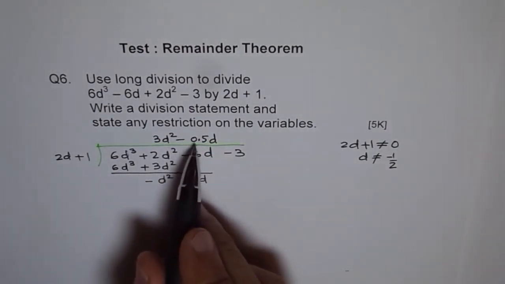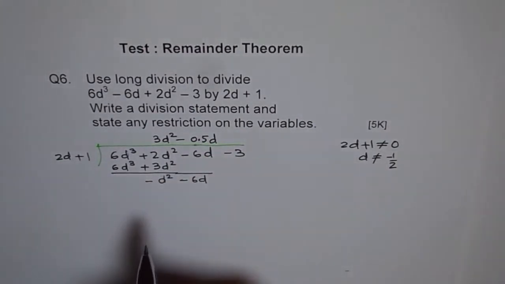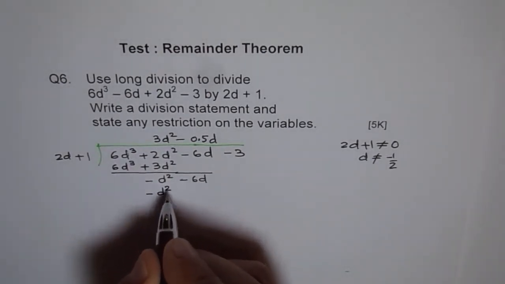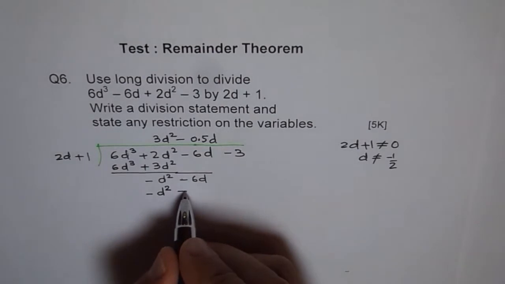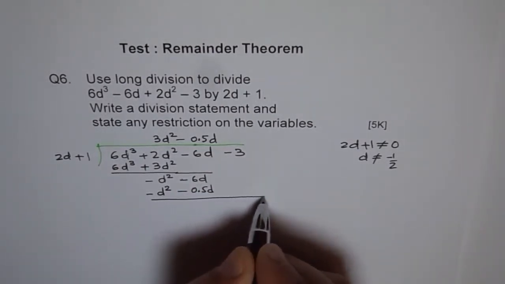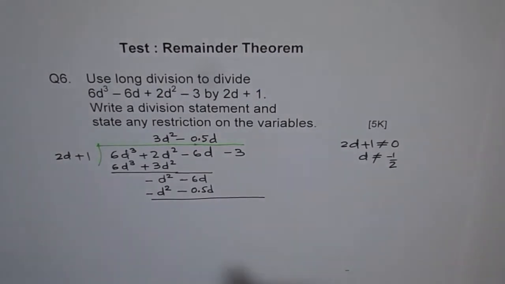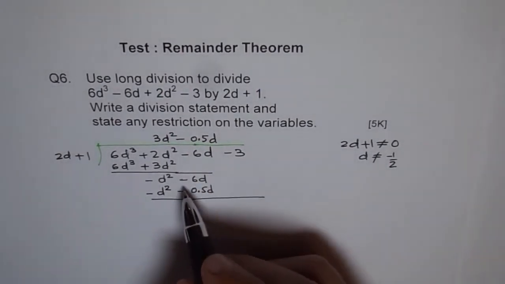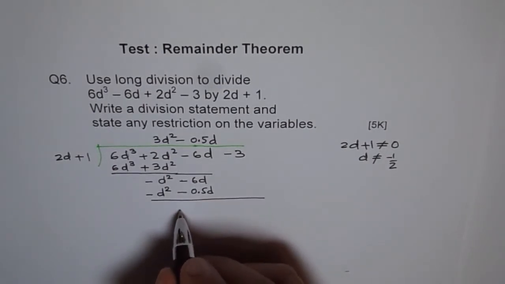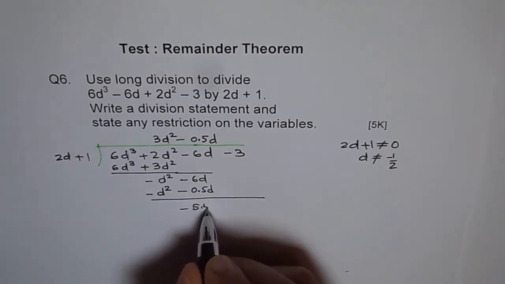So when I multiply 0.5 times 2, I get 1, and so I get minus d squared, and here I get minus 0.5d, right? Now when you take away, minus 6 take away minus 0.5, you get minus 5.5d.